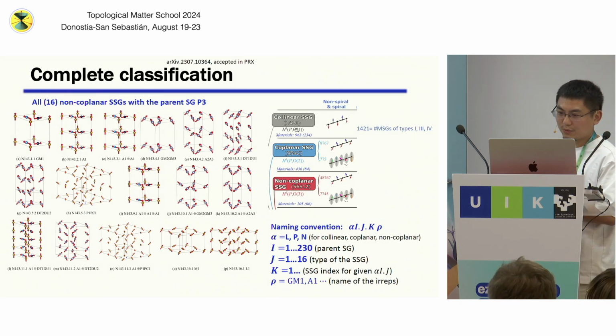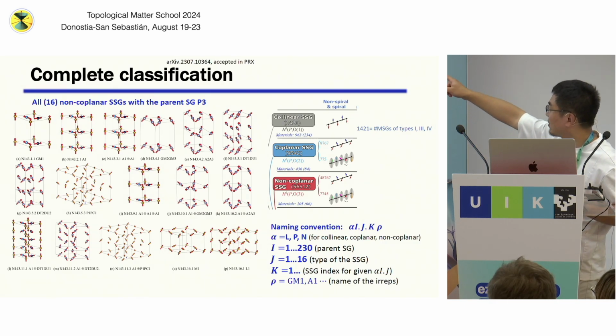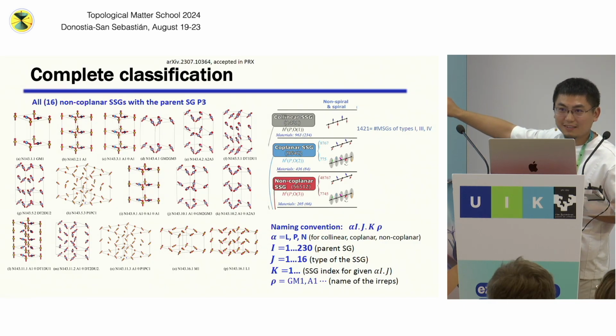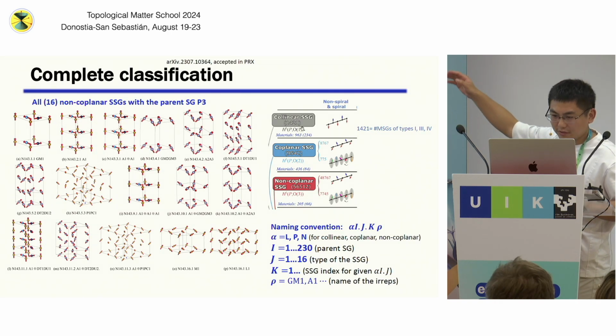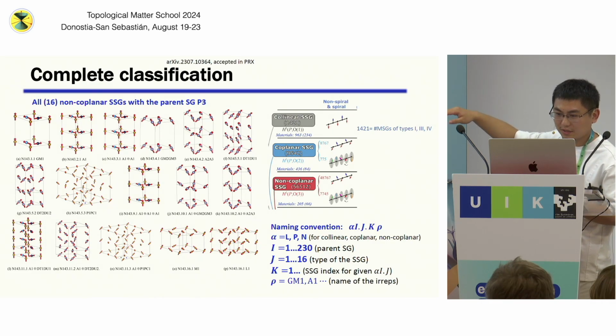Actually, this number is very interesting. If you are familiar with the magnetic space group, you may realize that this number equals the number of type 1, 3, 4 magnetic space groups. And following the logic of how we classify the spin space groups, you may figure out that a magnetic space group is nothing but given by the one-dimensional representation of the space group, where -1 corresponds to time reversal and 1 corresponds to identity.